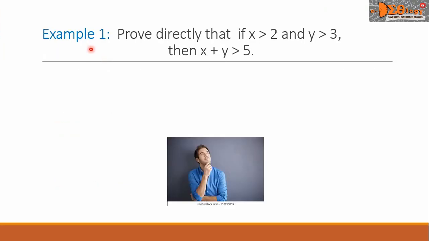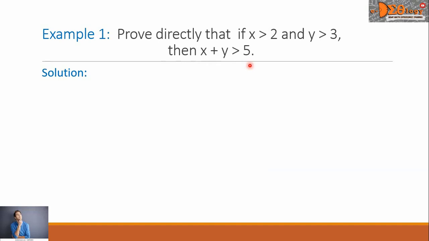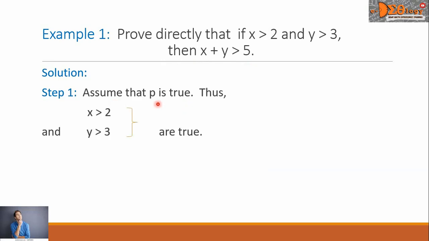Let us see example 1. Prove directly that if x is greater than 2 and y is greater than 3, then x plus y is greater than 5. First, let us assume that P is true. Our P here is that x is greater than 2 and y is greater than 3.